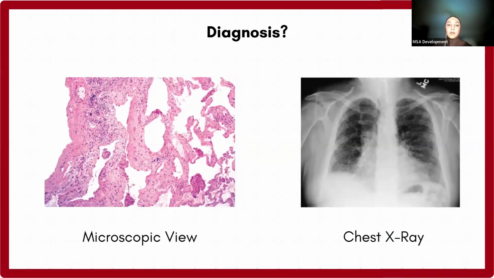Now here, does anyone know the diagnosis? Exactly. So you have idiopathic pulmonary fibrosis. Essentially, it has a cobblestone appearance on gross examination, which is not seen here. You will have dry crackles on auscultation, and under microscopic view, you will have patchy inflammation and fibrosis.